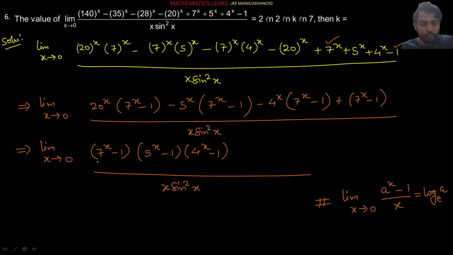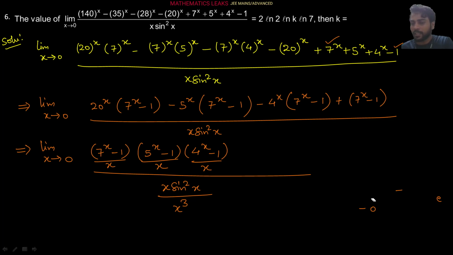So I am going to multiply this one's denominator by x, this one's denominator by x, this one's denominator by x, meaning we are multiplying x cube in the numerator, so in the denominator also we are multiplying by x cube, right? Now x into x into x is x cube, so here x cube multiplied, here also x cube multiplied, right? Using this frequently used limit we can understand this is nothing but ln 7 or log base e 7, this is nothing but log base e 5, this is nothing but log base e 4, correct now?